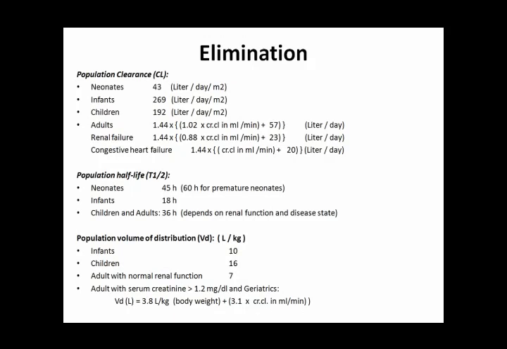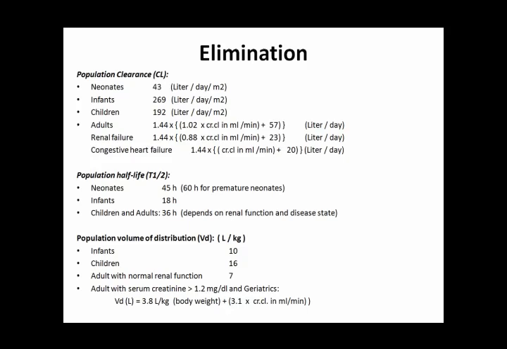The purpose of this slide is really to let you know that there is a lot of research that was done to identify different population parameters in different patient populations. As you see, there are also different equations to estimate the clearance or volume of distribution as compared to the previous slides.